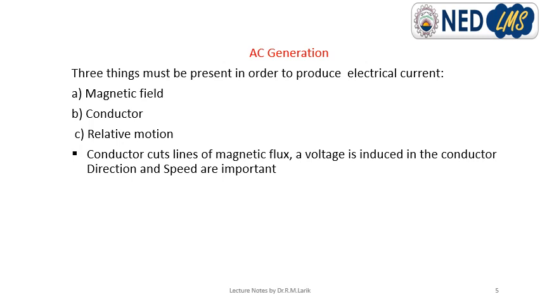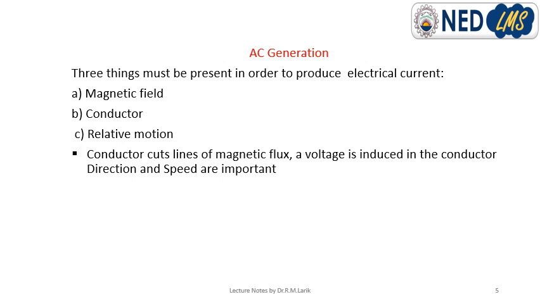For AC generation, we need three basic parameters: magnetic field, conductor, and relative motion. What happens is that the conductor cuts the lines of magnetic flux at some angle, and a voltage is induced in the conductor. This is Faraday's law of electromagnetic induction.